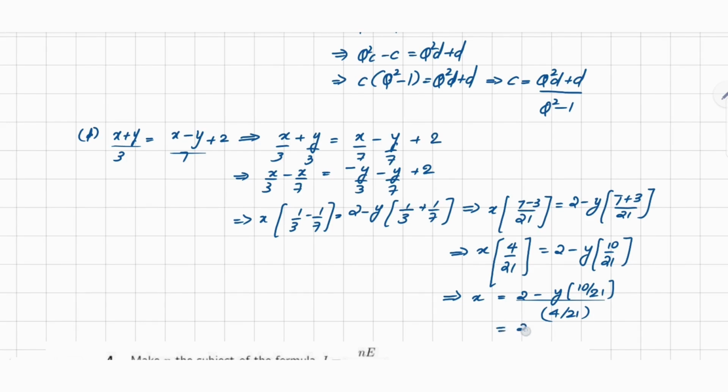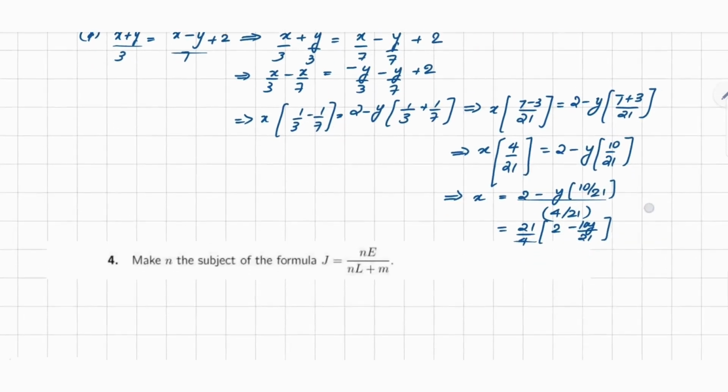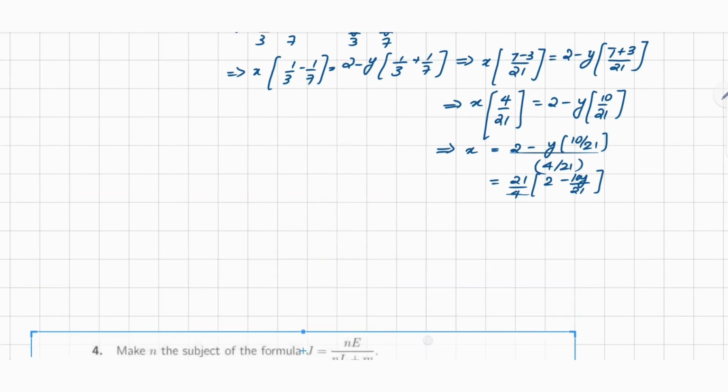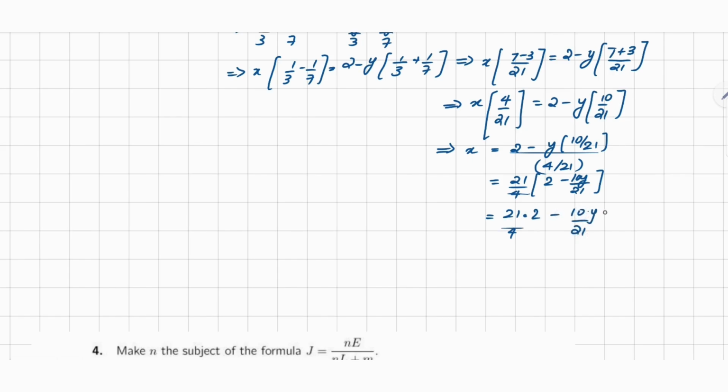I can write that as 21 over 4 times 2 minus 10y over 21. So that's 21 over 4 times 2 minus 10 times y over 21 times 21 over 4.